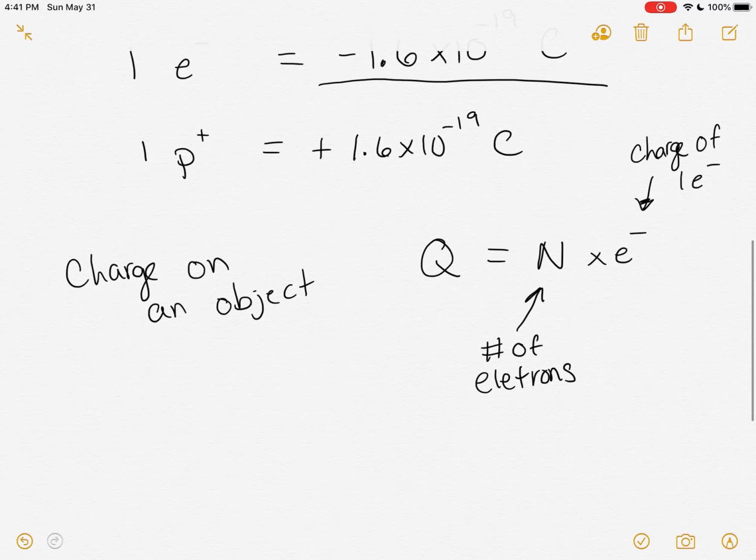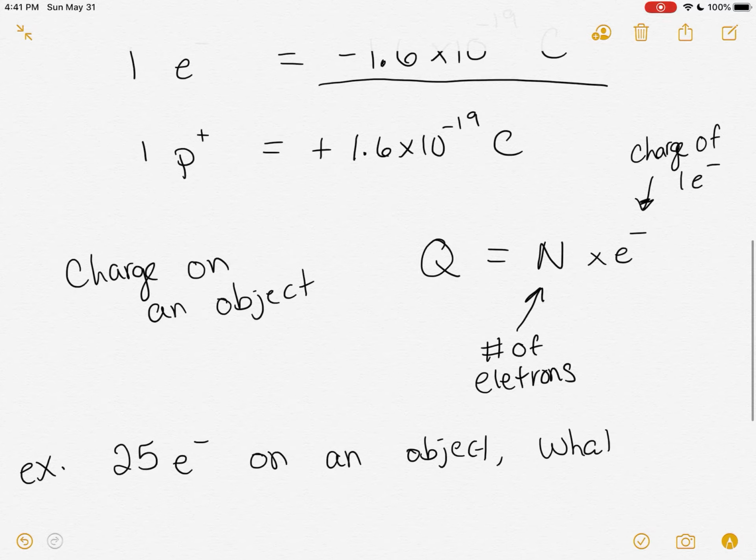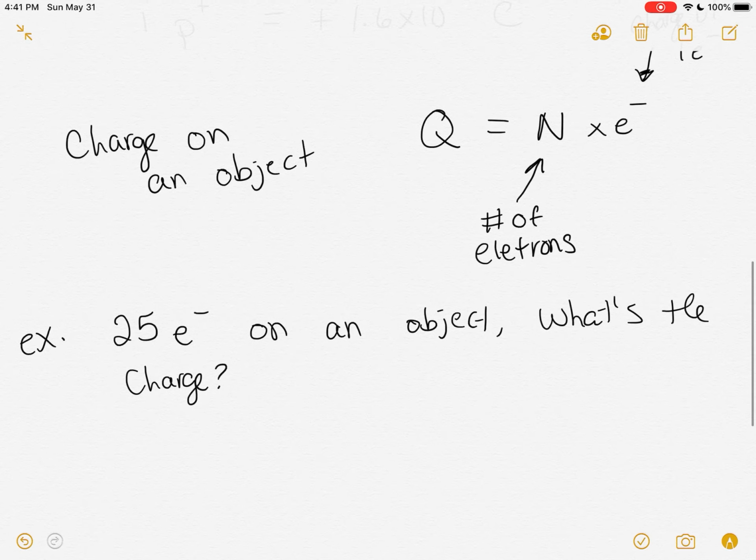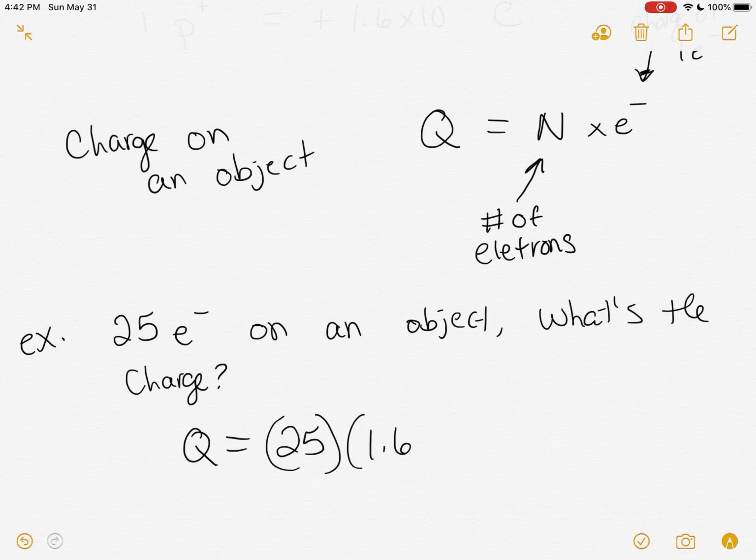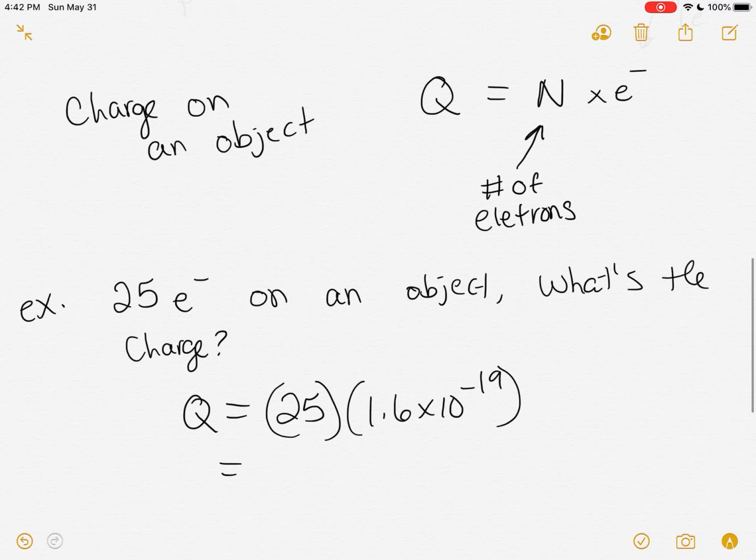And so let's just try an example here. We have 25 electrons on an object. So what's the charge? We're going to do 25 times our 1.6 times 10 to the negative 19 coulombs. So we're just going to do that on the calculator.